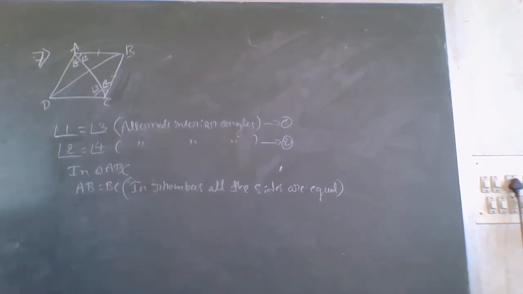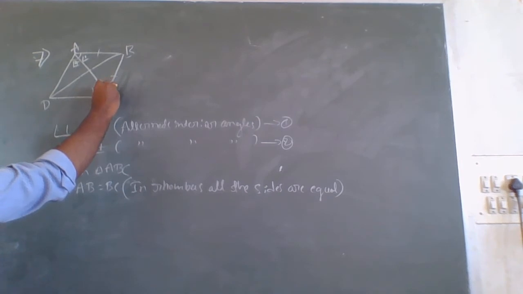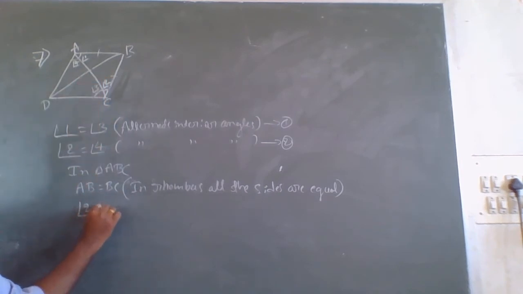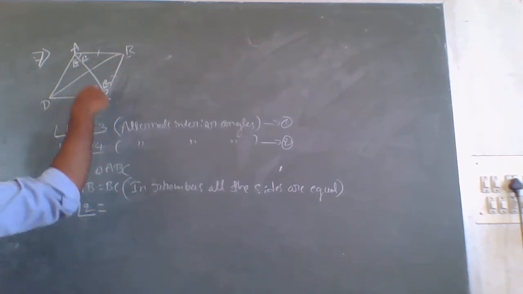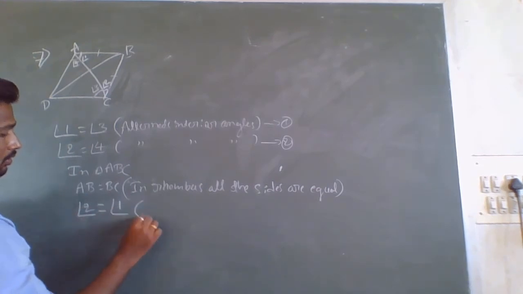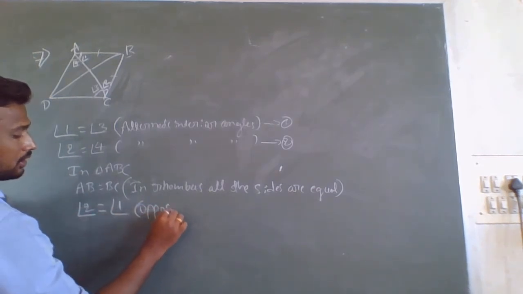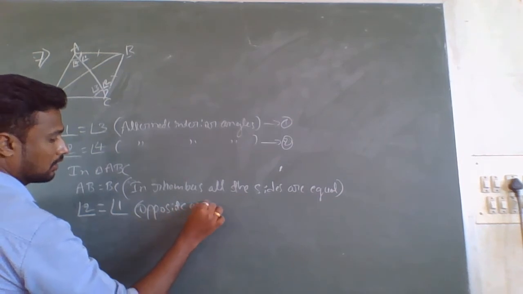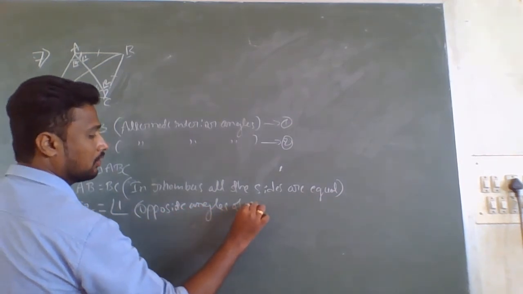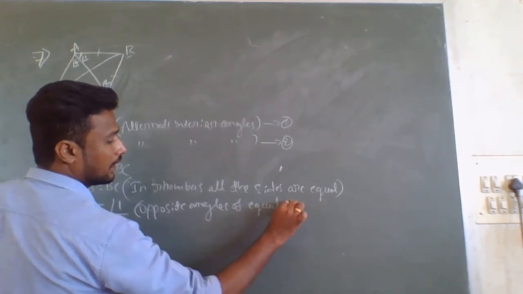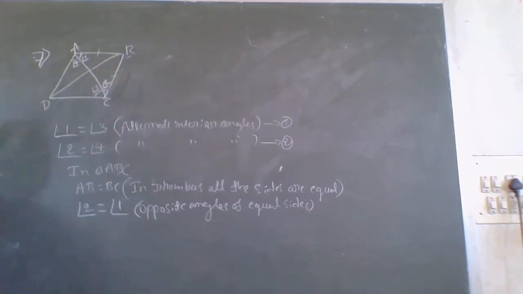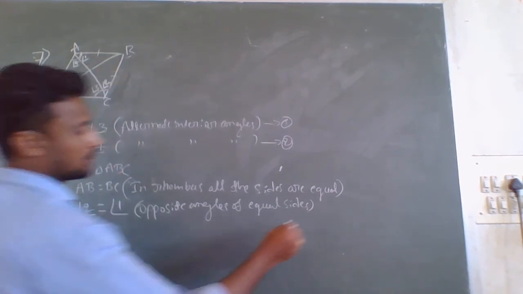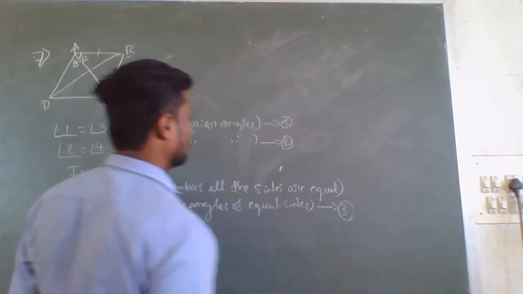The opposite angle of side AB is angle 2, and the opposite angle of side BC is angle 1, because angles opposite to equal sides are equal.